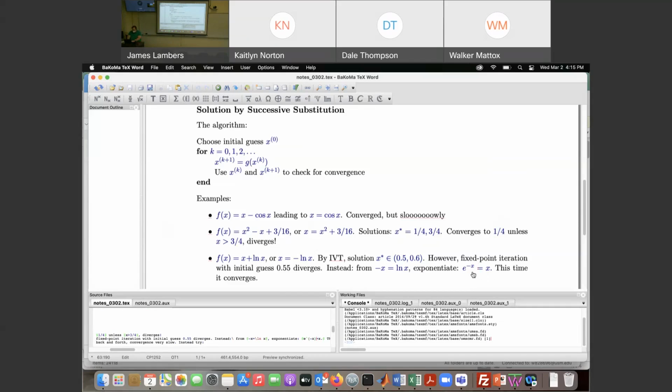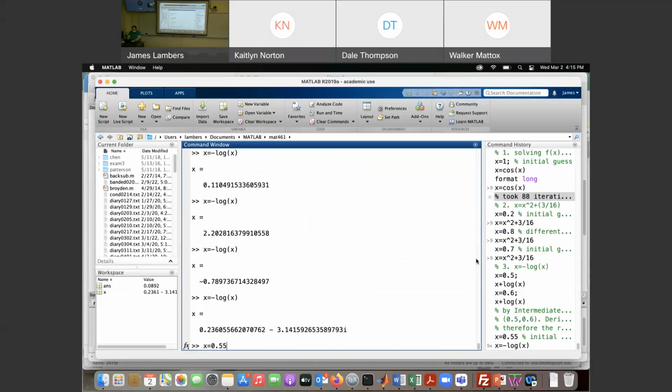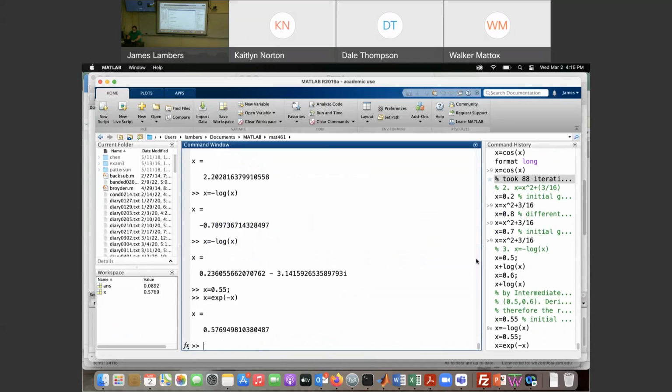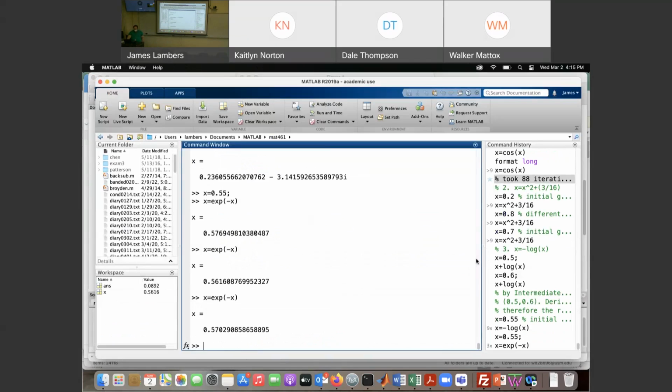So if I set x back to 0.55, I can do e to the minus x. Now let's see what happens in this case. At least it's staying within the interval, and now it appears to be converging. And indeed it is.